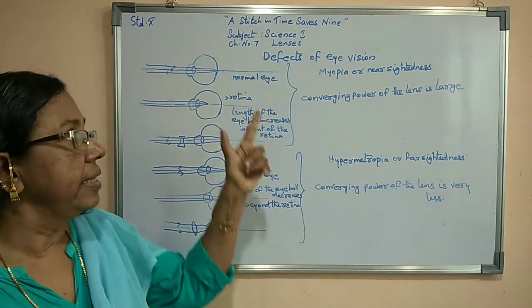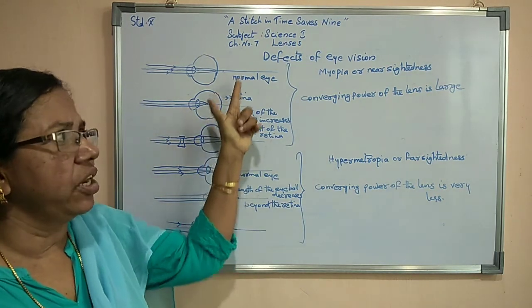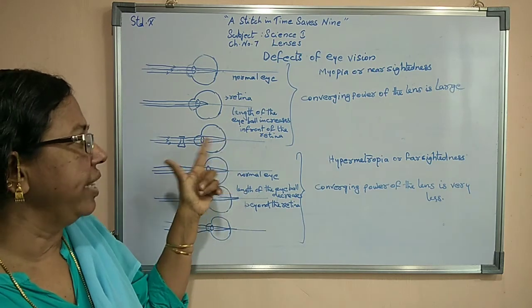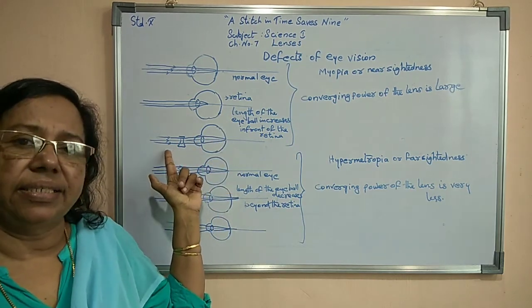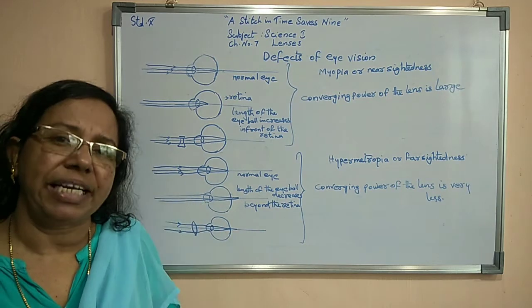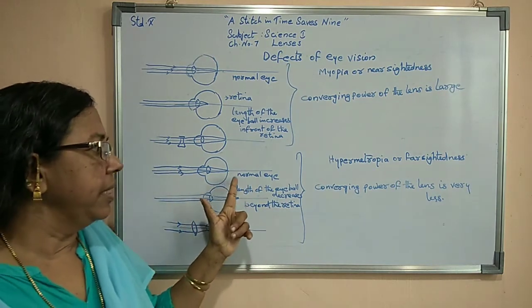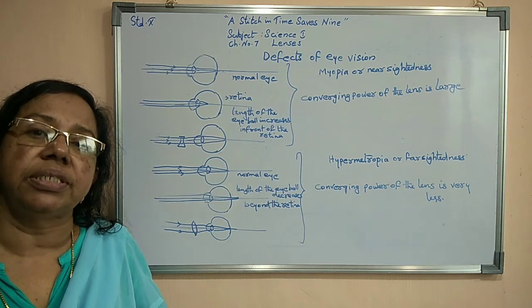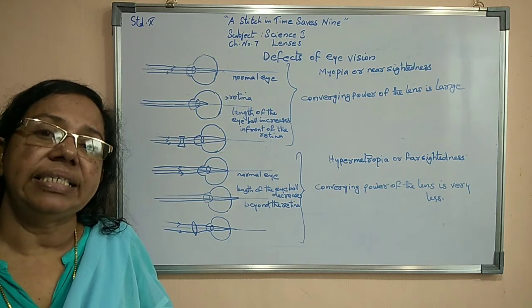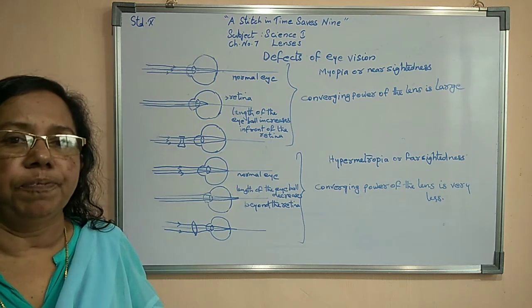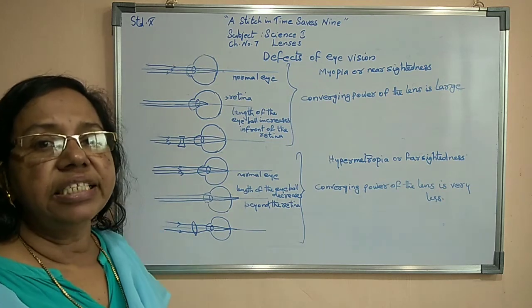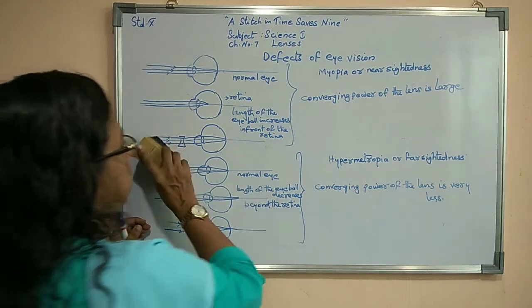So in their spectacle, a myopia person should wear a concave lens. At the same time, the person having hypermetropia should use a convex lens in their spectacle. Now we are studying one more defect of the eye, that is presbyopia.